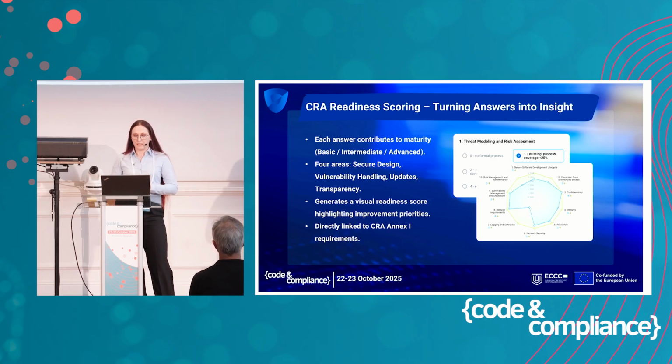And mainly here, we didn't want to make this a certificate that you get or a score for the audit, but mainly to give you a clearer picture of where you are with your CRA readiness level, where are the lower points, and what I will have to improve on.